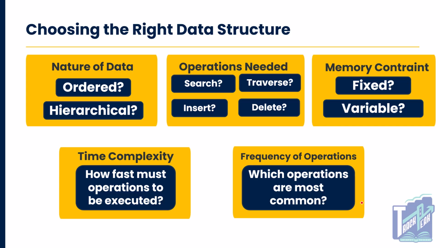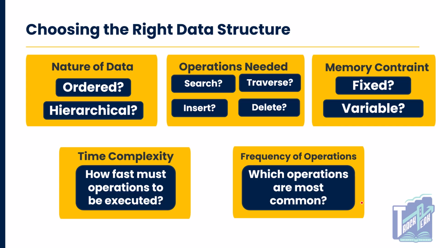And the third main thing is the memory constraint. Whether the memory is fixed memory or going to be a variable memory. Fixed memory, I mean static memory or dynamic memory. Based upon that, we want to choose our right data structure. And the main thing is time complexity. The operations which are decided by us, how fast they need to be executed.